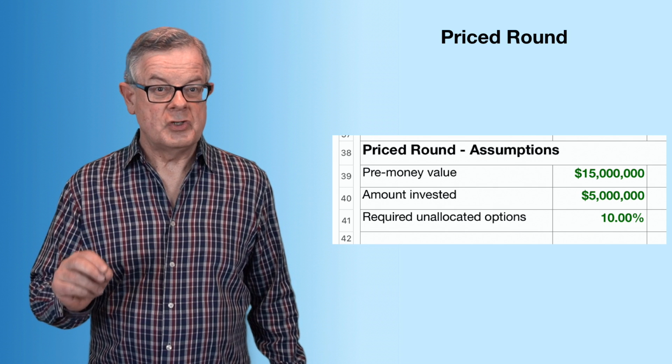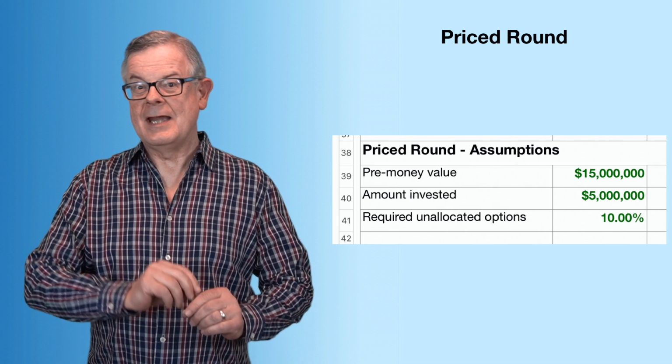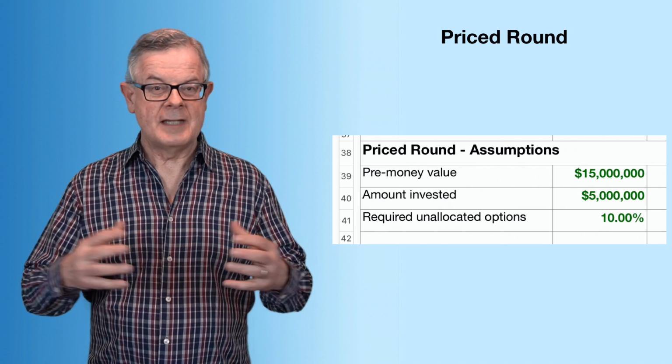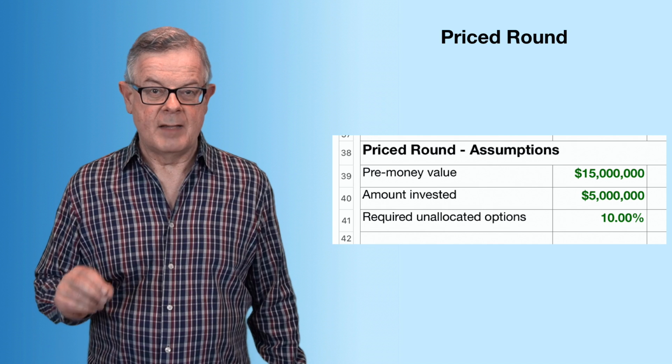In the case of scenario 2, there's going to be a requirement that 10% is maintained at the end of the deal. When it's all done, everything's converted, 10% of the stock is actually in the option pool.